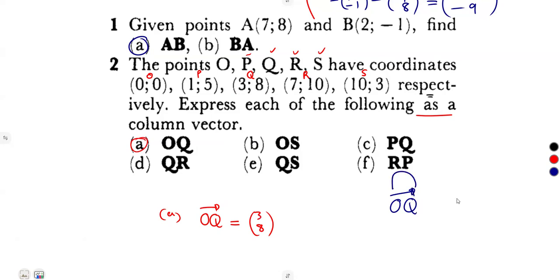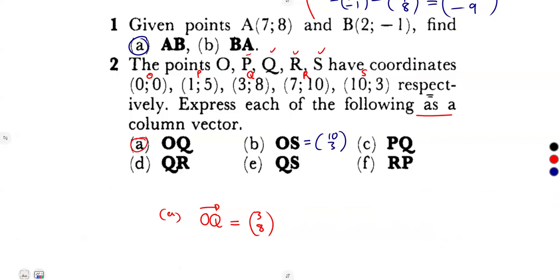You're simply going to say Q minus O. So that's OQ minus OO, which is the same OQ that we have. So you see, guys, it is already given. B or S, the same here, as long as it's from the origin, just use that point as a column vector. All right, so that was it.